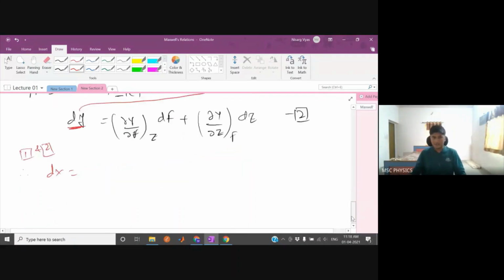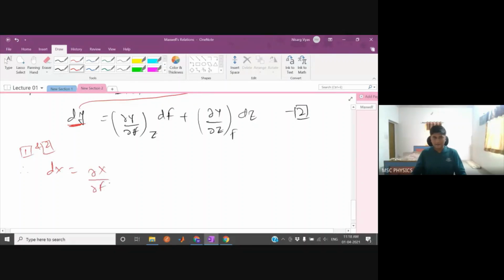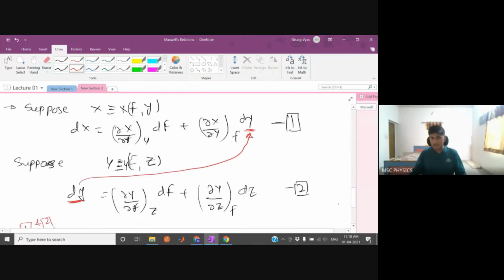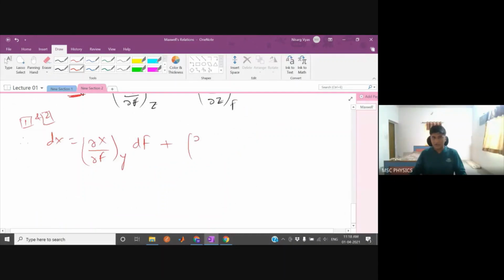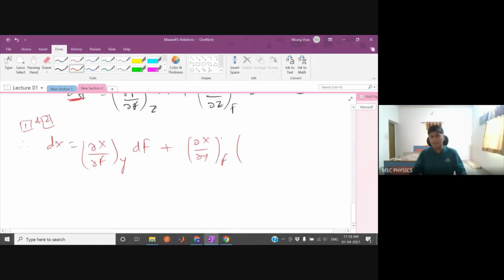It is just the same, plus the first term is still the same, del x by del y at constant f is still same, but in place of dy we are writing del y by del f at constant z into df plus del y by del z at constant f into dz.